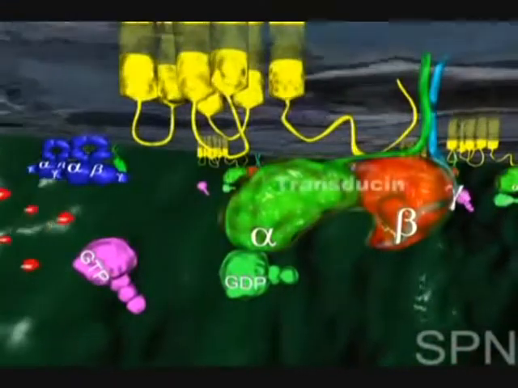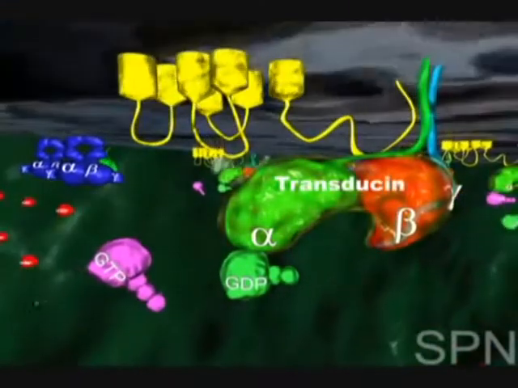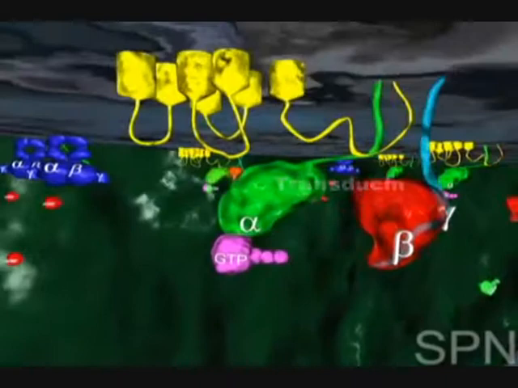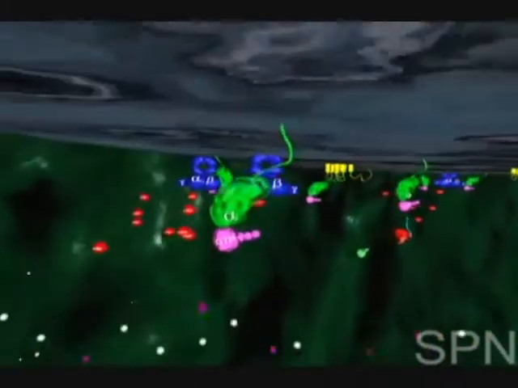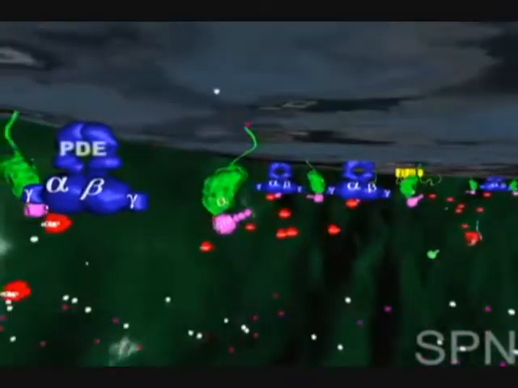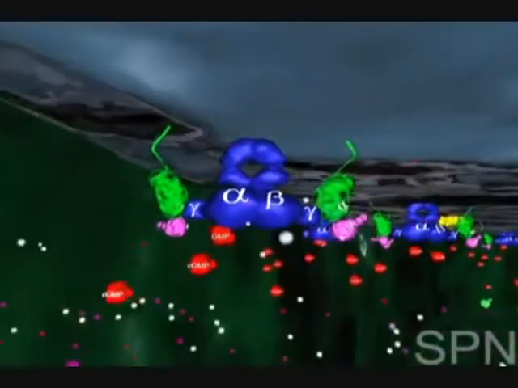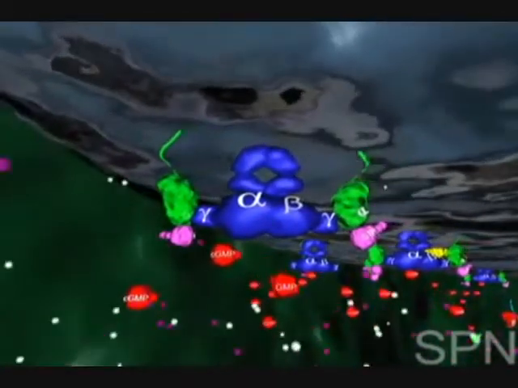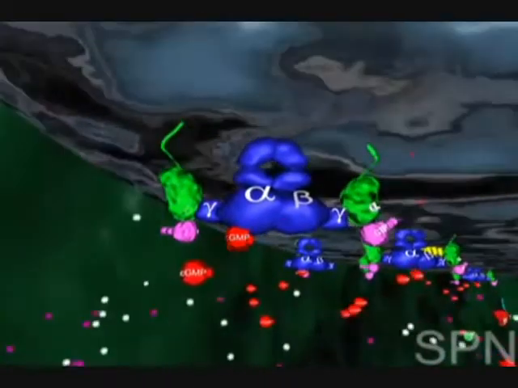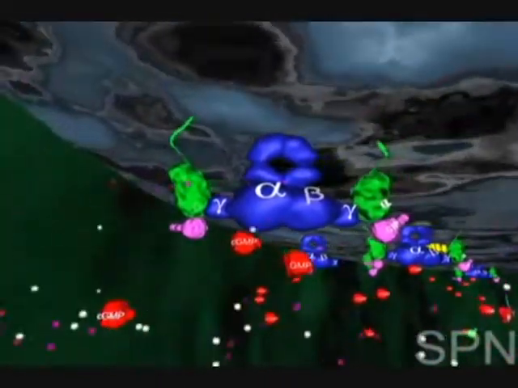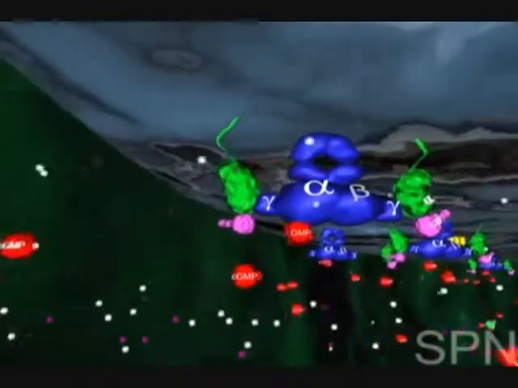Rhodopsin binds to and activates the G protein transducin. The activated alpha subunit of transducin binds to the cyclic GMP phosphodiesterase. Phosphodiesterase activation triggers the hydrolysis of cyclic GMP and as a result causes the rapid decline in the cytoplasmic cyclic GMP levels in the outer segment of the rod.